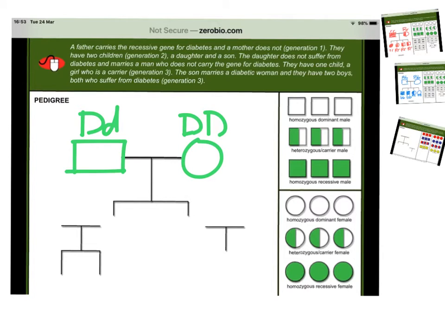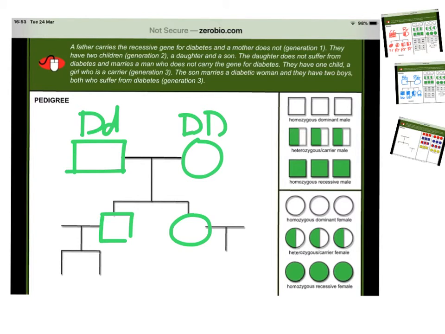Okay, they have 2 children, a daughter and a son. So here we will put the son here and the daughter here.